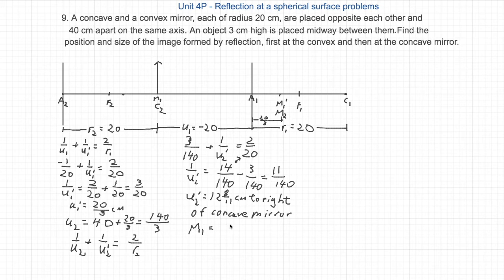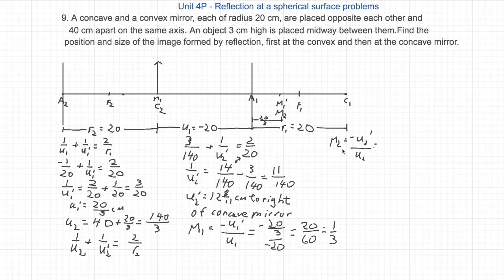Now, the magnification at the first mirror is M1. Don't confuse that with the location of the first object. This is magnification we're talking about now. It's minus U1 prime over U1. We plug in, and we get our magnification at the first mirror equals 1/3.